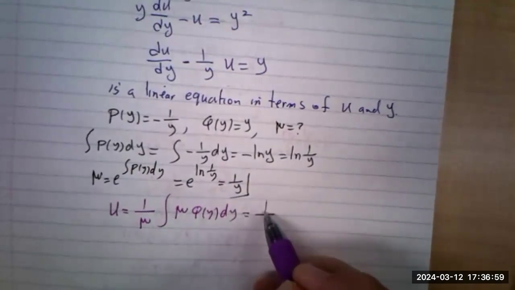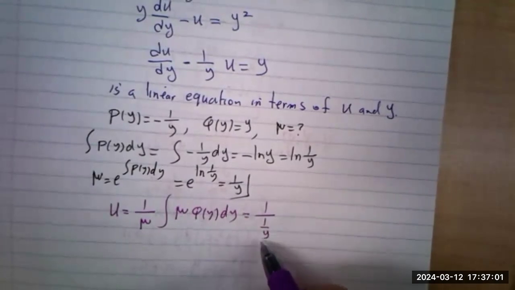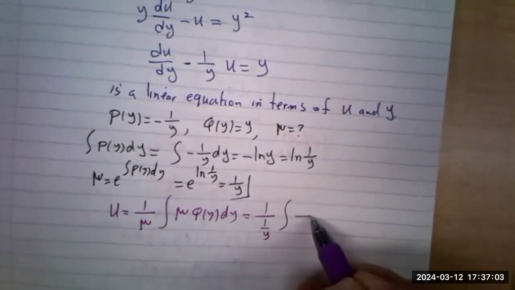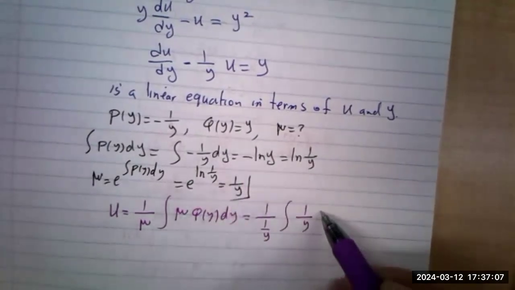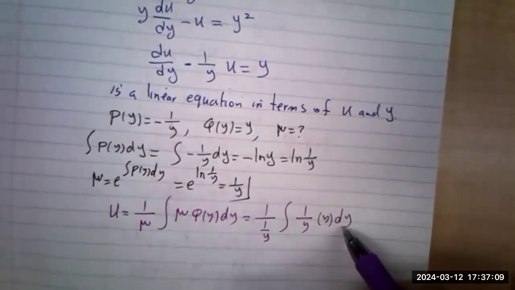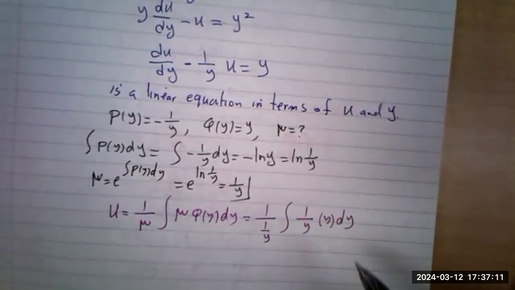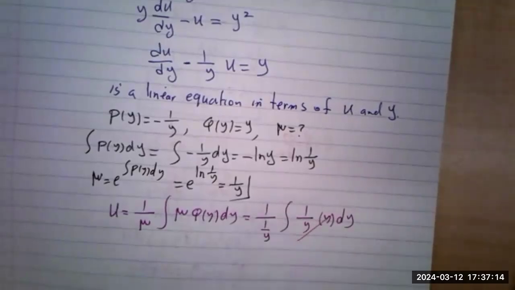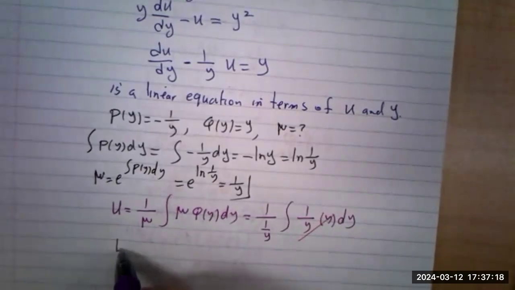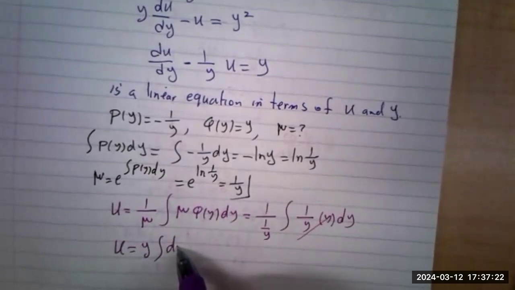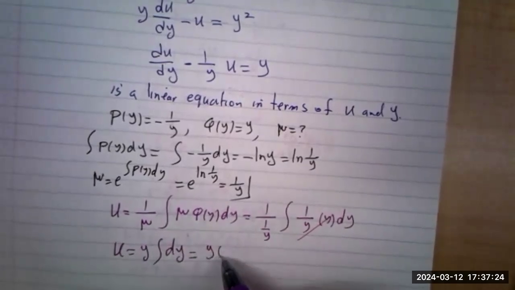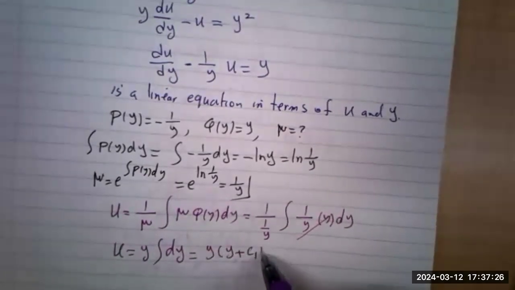So it's 1 over mu, where mu is 1 over y, times the integral of 1 over y times q of y, which is y, dy. This would cancel out, and this is going to be just y. So u equals y times the integral of dy, so it's going to be y times y plus c1.